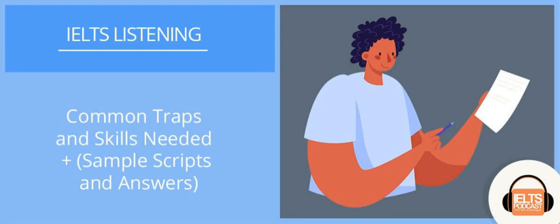Distractors. These are quite annoying, to be honest. So a distractor is when the information is similar but not exactly what the question asks. So the script might sound like this. The art class is available on both Monday and Thursday afternoons, but if you want to attend the advanced session, it's only on Thursday.